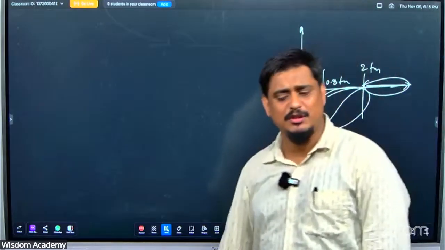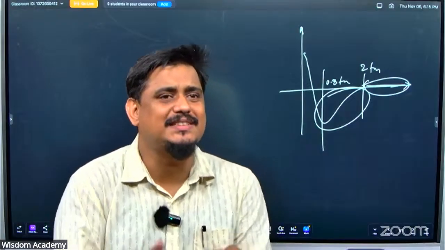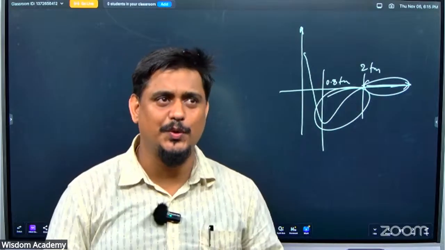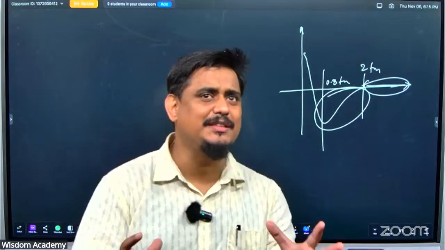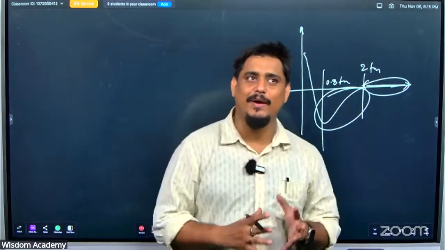If the force becomes zero, then the nucleus loses its stability. That's why all the big nuclei, which means they have more nucleons, are unstable. Why are they unstable?